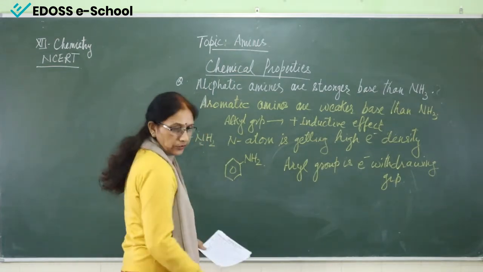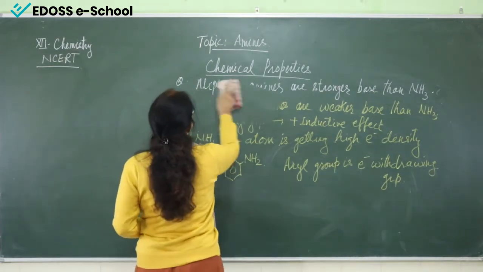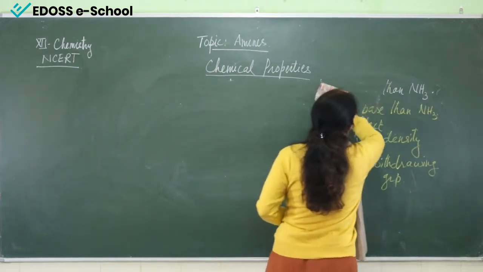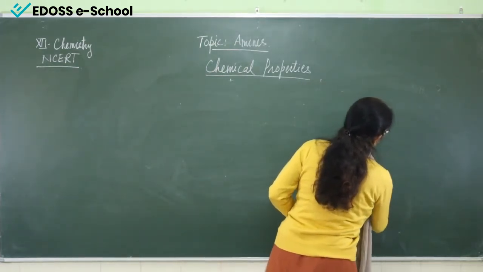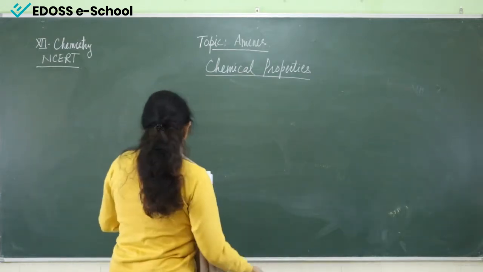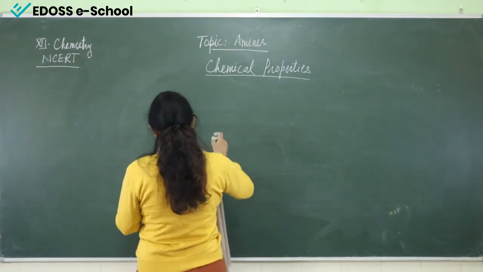Now, one more question, same related to the topic. Such type of questions are asked in the examination. So you have to concentrate on all these topics. Now, one more question is that here I have given you the order.